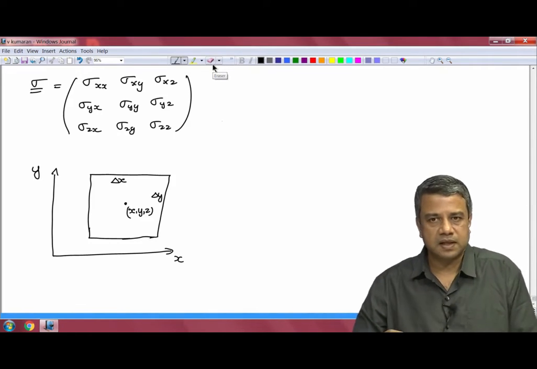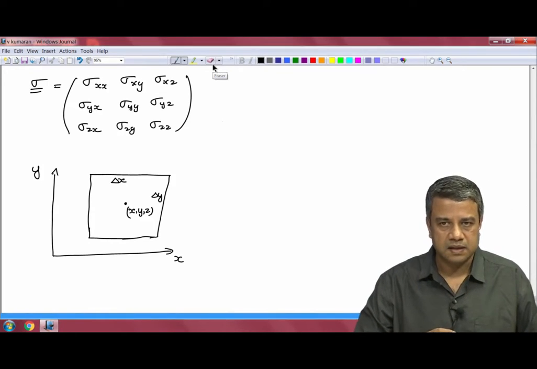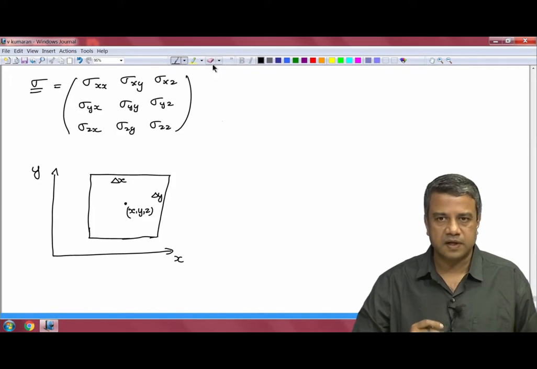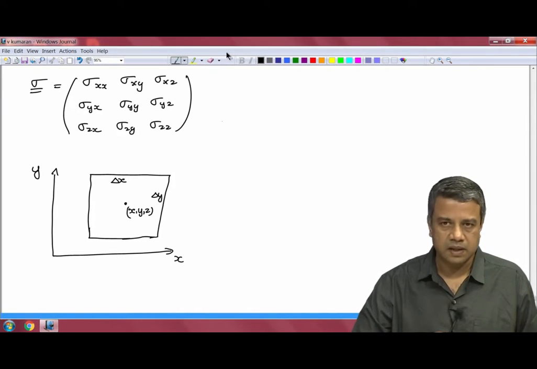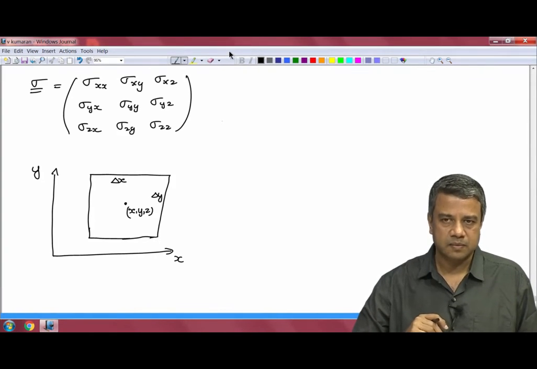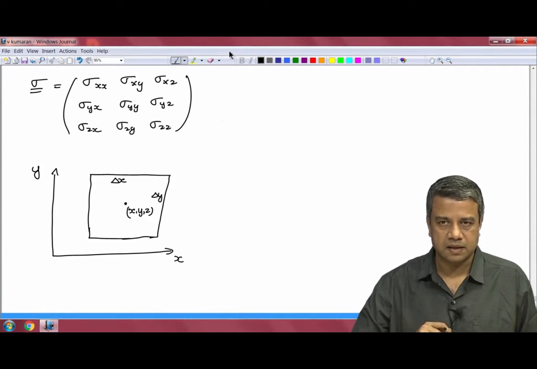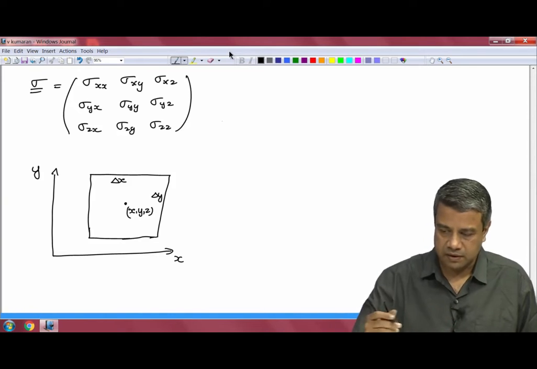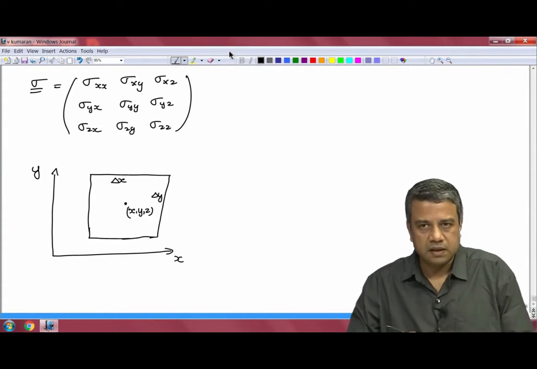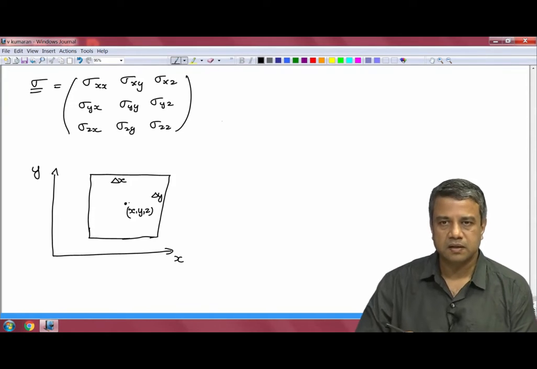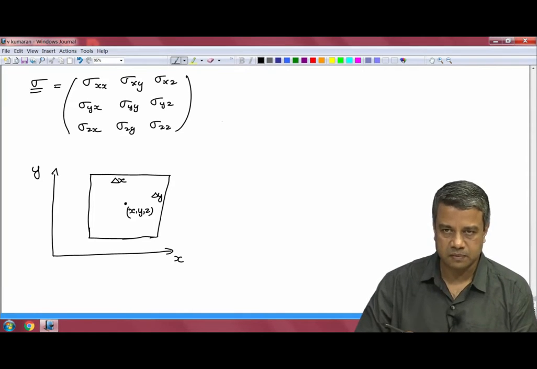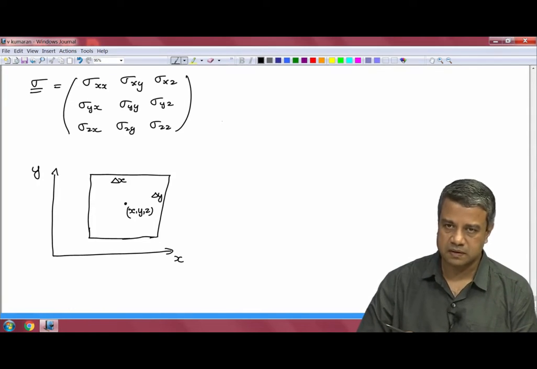So, I will assume that it has a differential length delta x in the x direction, delta y in the y direction, and delta z in the direction perpendicular to the plane. The delta z is the third direction, which I have not drawn here. I can find out what is the angular momentum balance for this differential volume based upon the forces that are exerted on this surface.